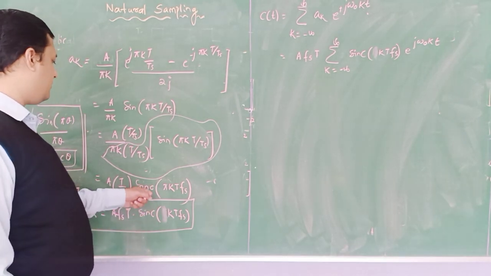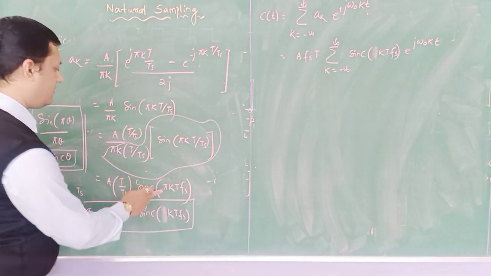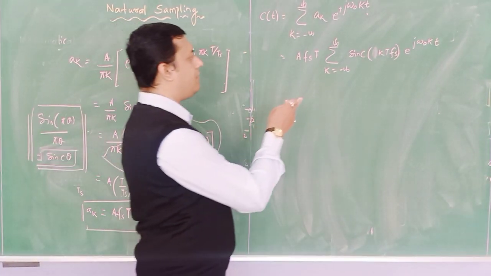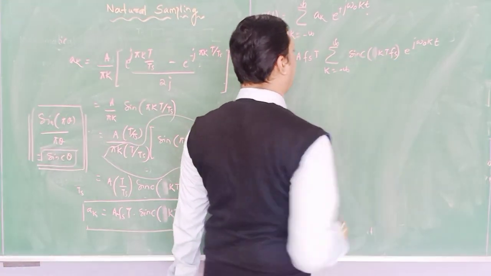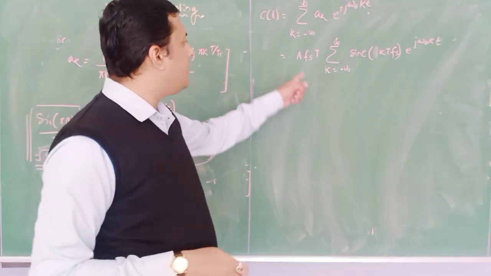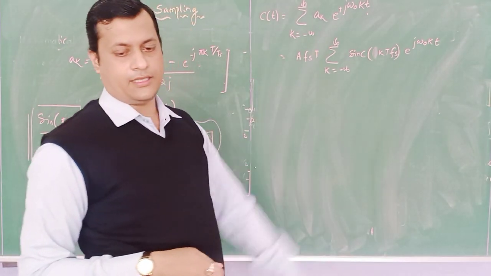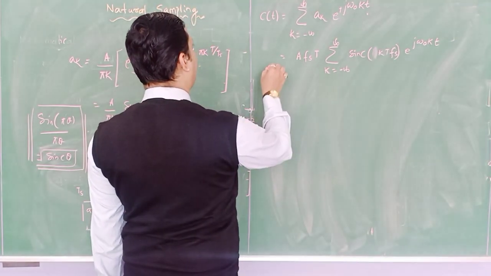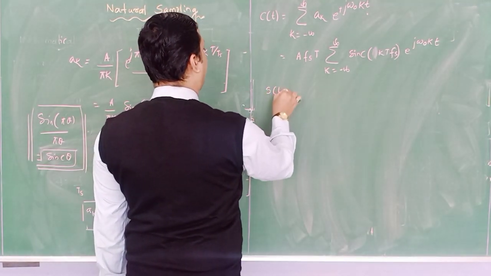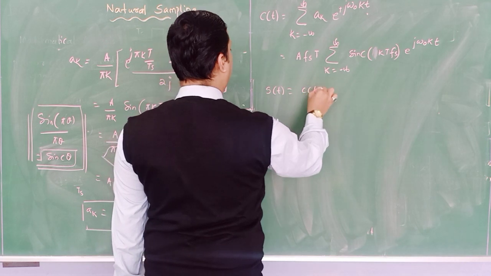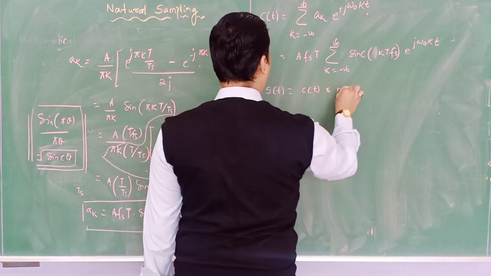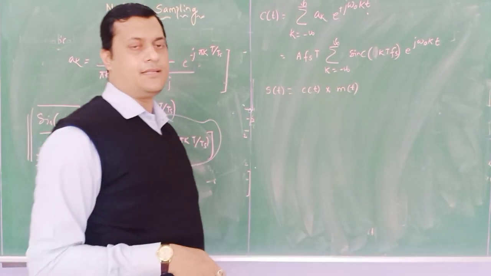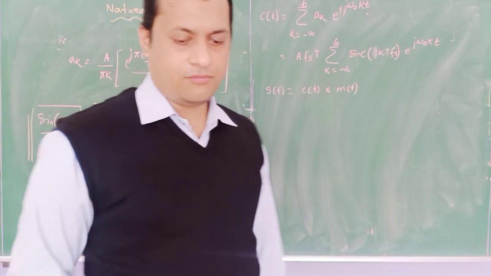So here we need to represent sinc of k t into fs, so sinc of k t into fs e to the power j omega naught k fs into t. Now this is the relation. Next we are multiplying, s of t is equal to c of t into m of t. m of t is our message component, so that we need to multiply.